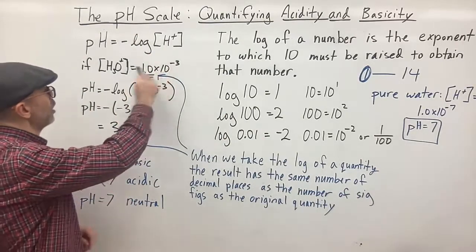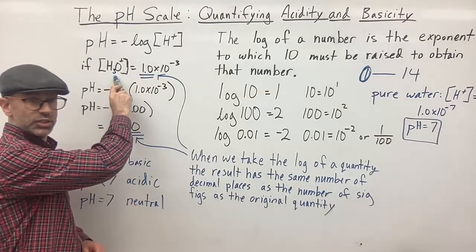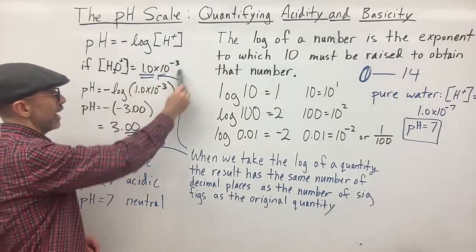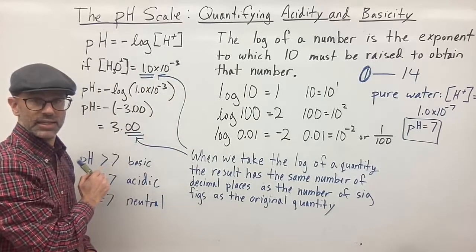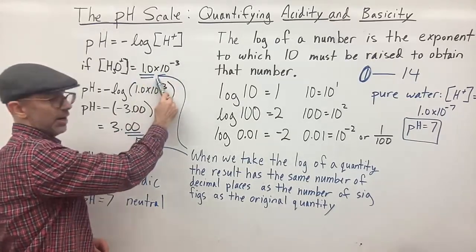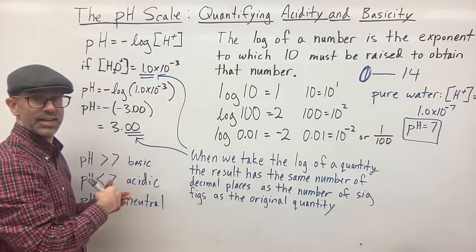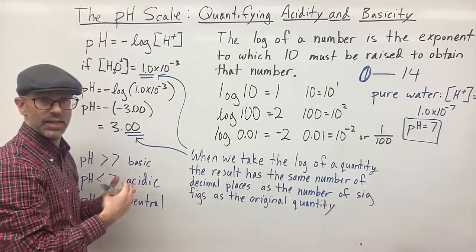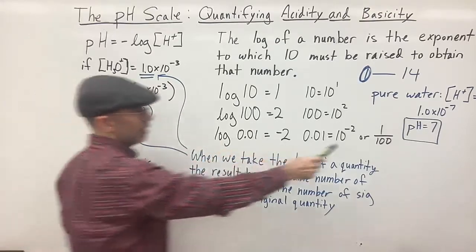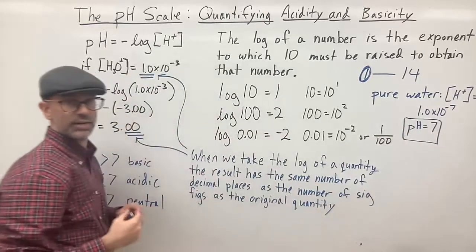Okay. If our H3O plus concentration, our hydronium concentration, is greater than 1 times 10 to the negative 7, this means we're in an acidic solution, because our solution has a concentration of H plus much higher than 1.0 times 10 to the negative 7.